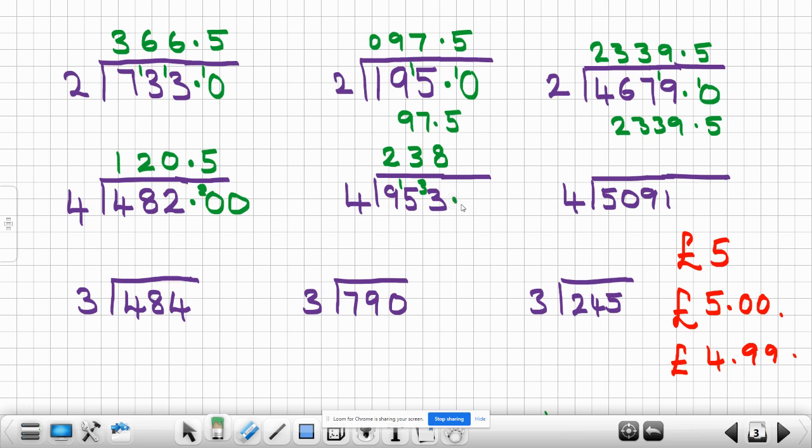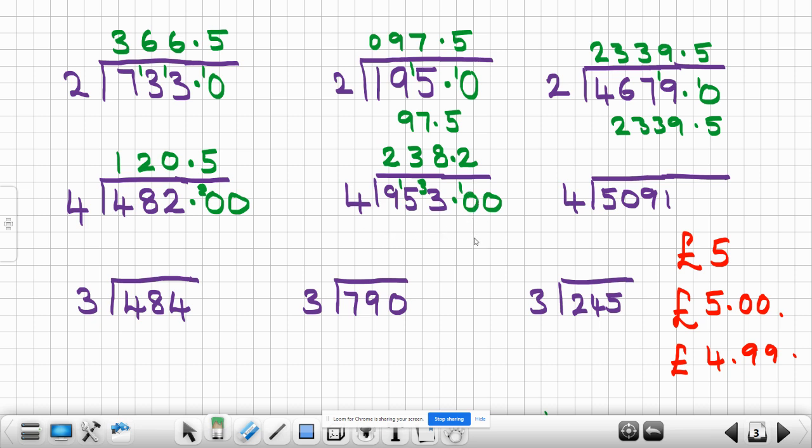We should be getting used to it now. We're going to put our decimal point, put a couple of zeros, and carry that 1 over to make 10. Must also have a decimal point at top to keep our place value. So now we're saying 4s into 10 goes twice. 4 times 2 is 8.